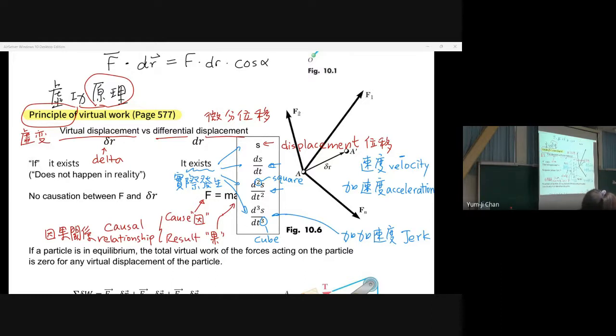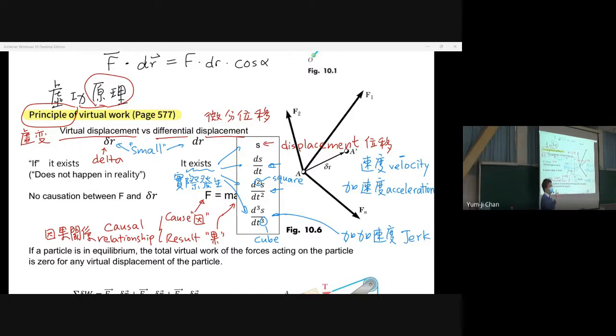And of course, we know dr is small, right? This one is small. And actually, this one is also small. After we talk about the right-hand side, let's talk about the left-hand side, about virtual displacement.